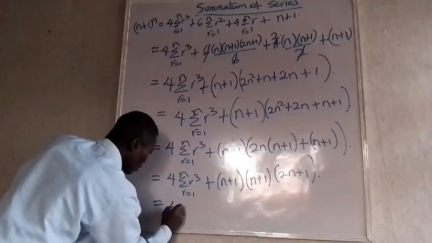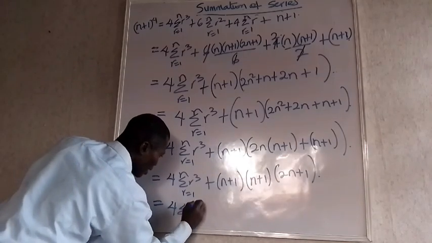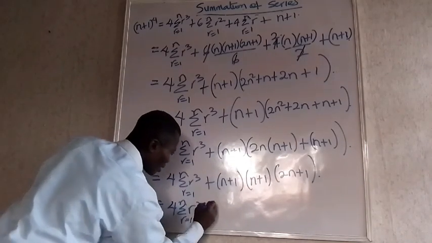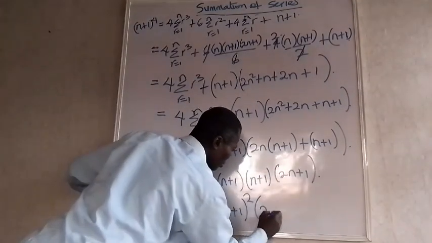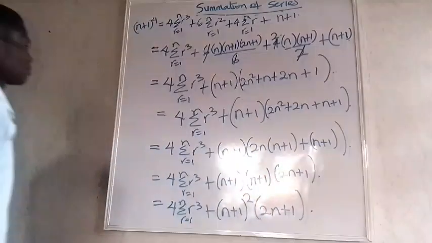And that gives me 4 summation r cubed from r equals 1 to n plus n plus 1 all squared into 2n plus 1.